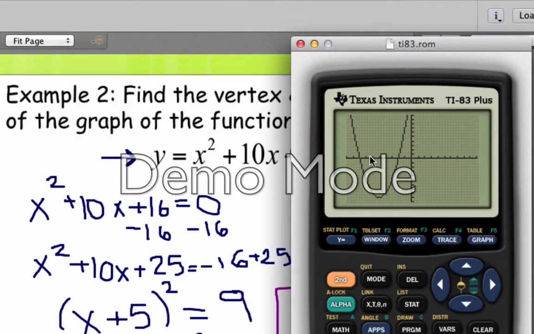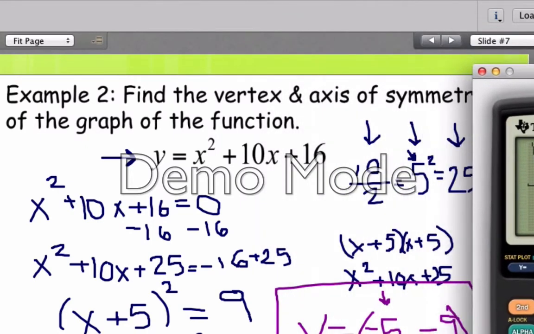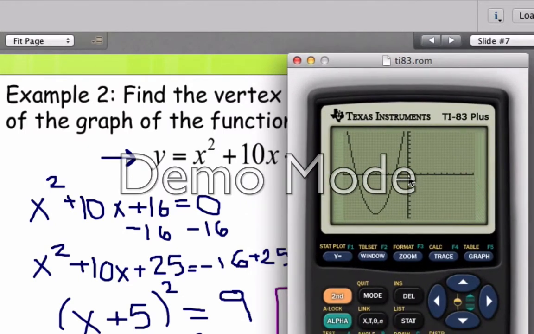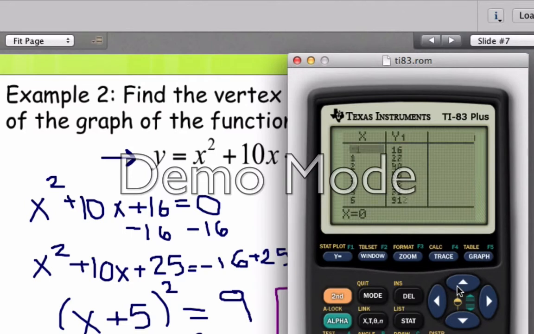Okay, here's the parabola, opens upward. I'm checking to see if my vertex looks like it's -5, -9, and that definitely looks like it could be the vertex. To take a closer look, I'm going to hit second graph and look at the table.